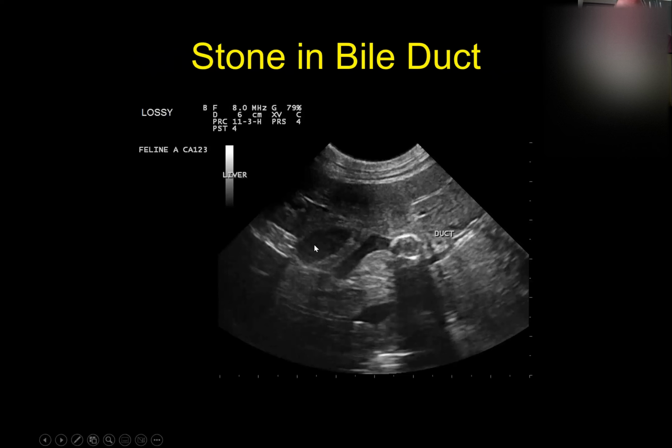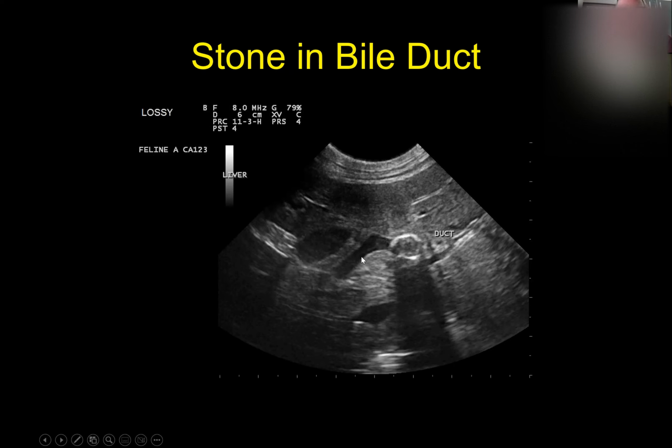Sometimes, rarely, these stones that can live in the gallbladder will pass out of the gallbladder down the bile duct and get stuck. This is a stone that did that. So it eventually was in the gallbladder, but then it decided it needed to move and it passed down. This is the bile duct leading to it.